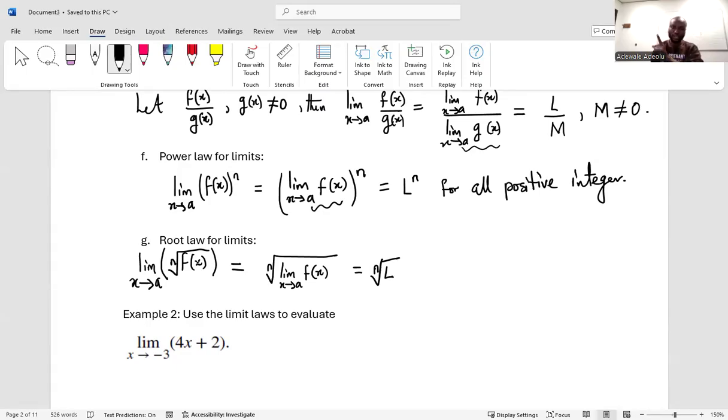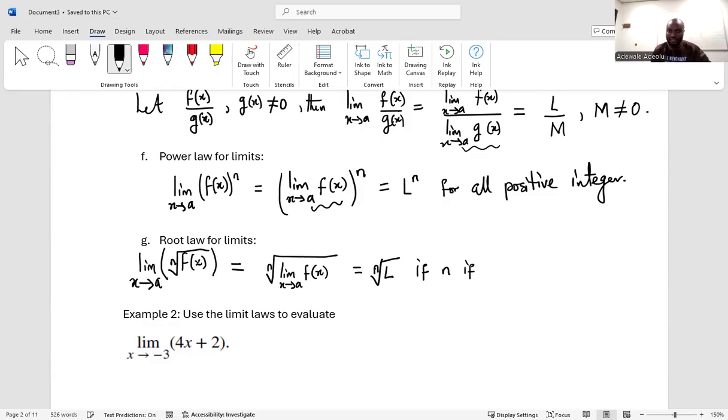In this case, we need to be careful. We know that L should be positive if this n here is even.